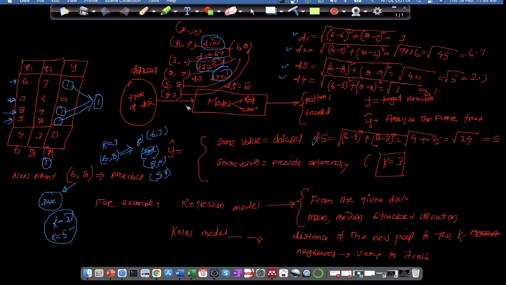Now these values which are computed from the data are called model parameters.